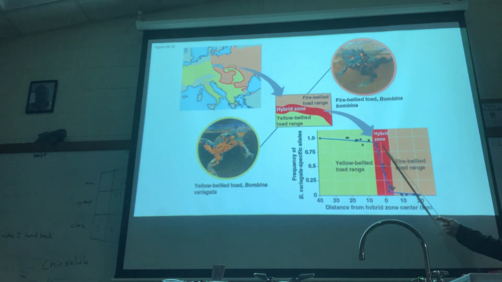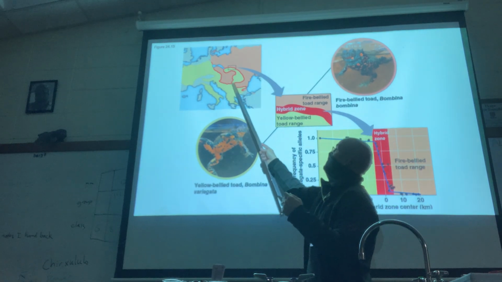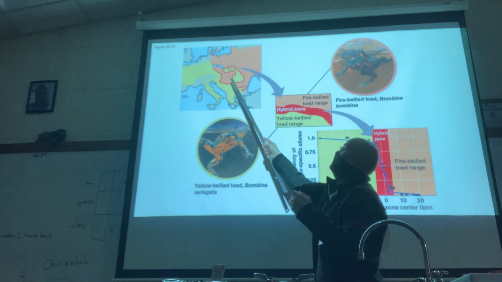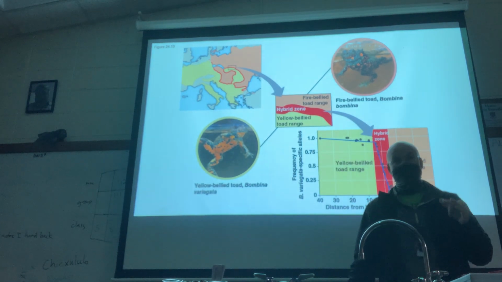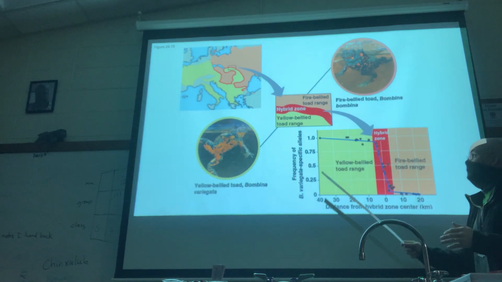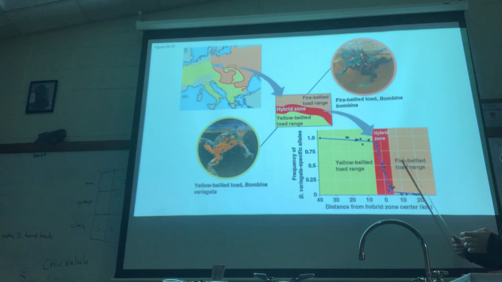So some of these are pretty narrow bands of area, but in this narrow band, a lot of the toads you find will actually be a hybrid of the two different populations.